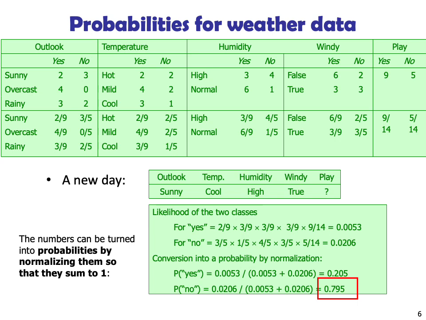So the probability of class yes will be the likelihood of class yes over the sum of the likelihood of yes plus the likelihood of no. And we do the same to get the probability of class no, and then the final outcome, or the final class chosen, will be the one that has the highest probability, which is in this case class no, with a probability of 0.795 or 0.8.